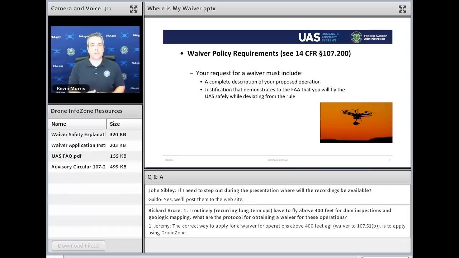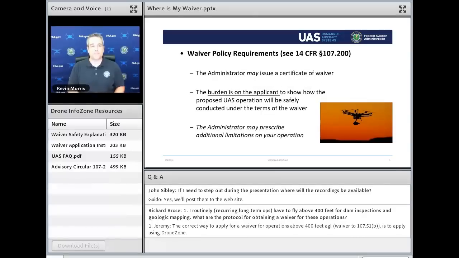I want you to take away two key words from this slide: complete and justification, because we're going to come back to that a little later when we talk about the process and how it works through the waiver team in their review. We need a complete description of your operation, and we need the justification of your safety risk assessment. The waiver policy requirements also state that the administrator, one of the terms we use to reference the FAA, may issue a certificate of waiver.